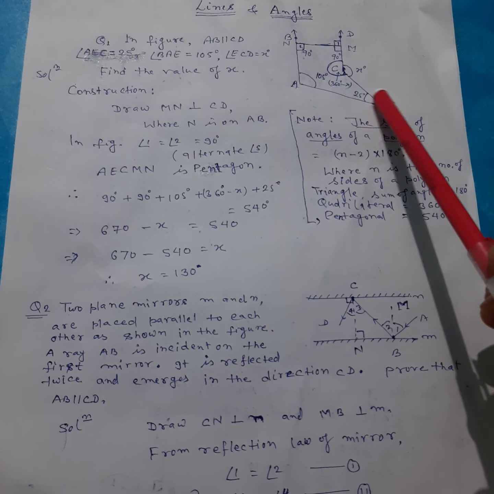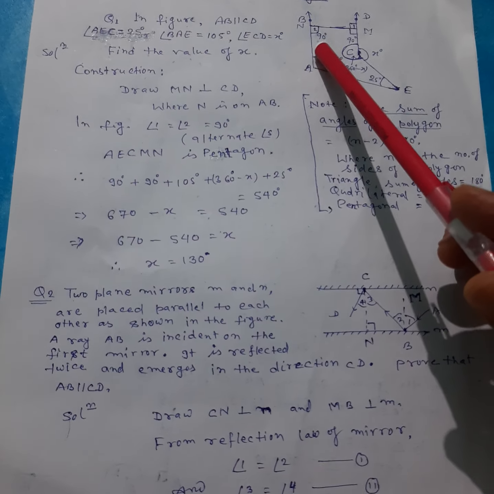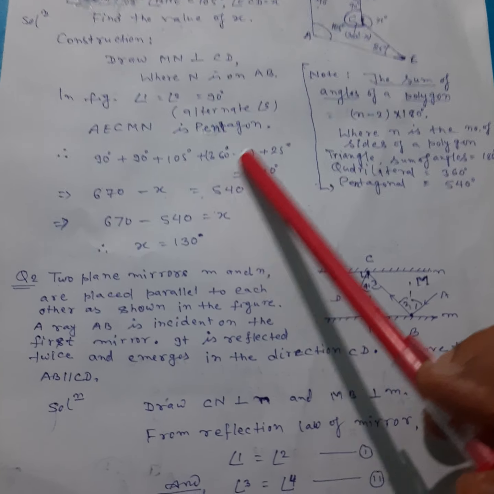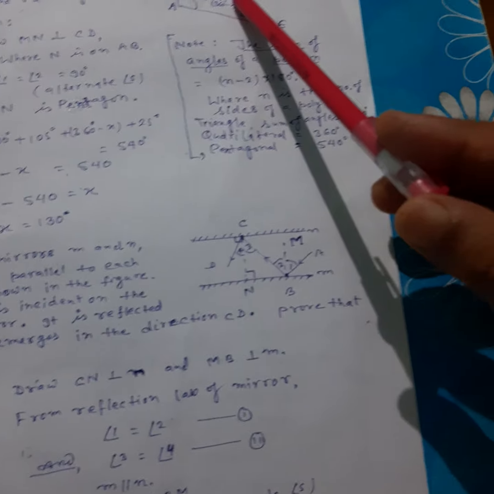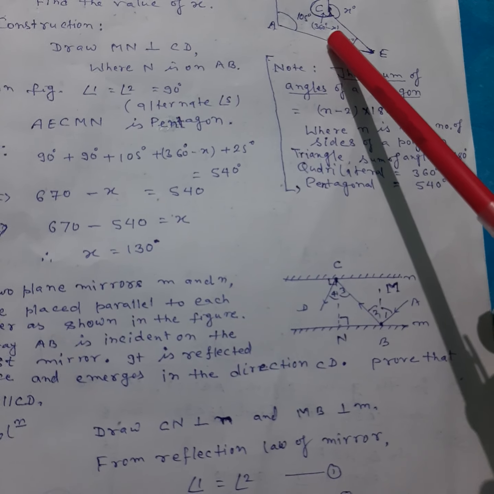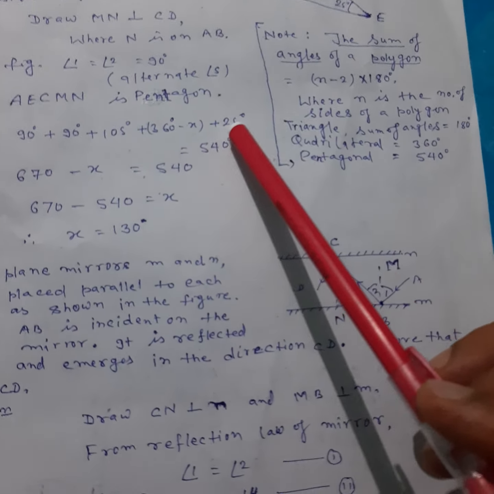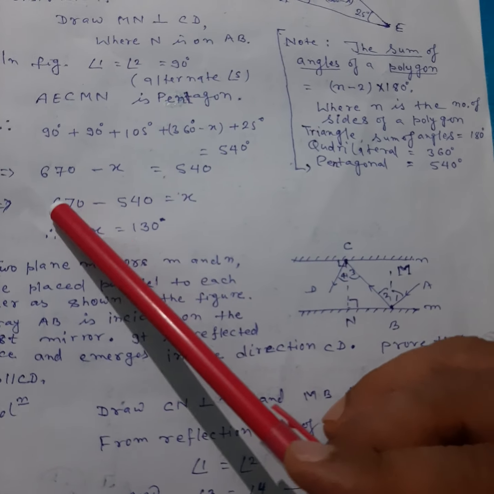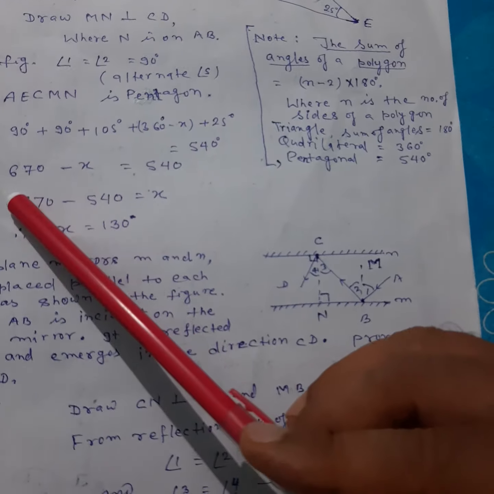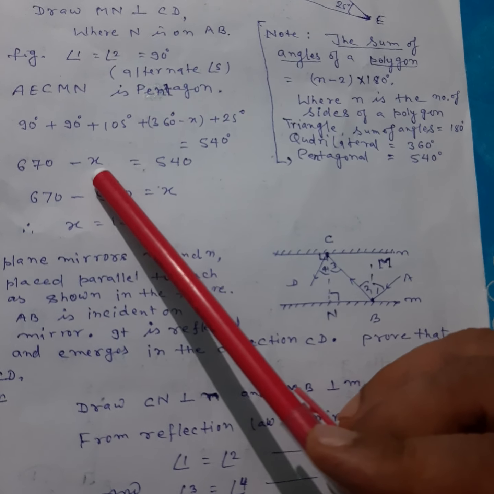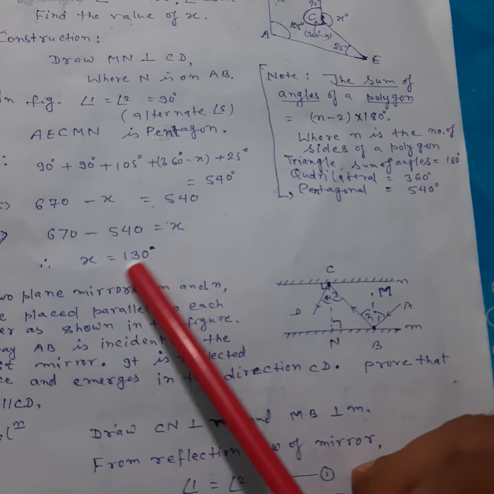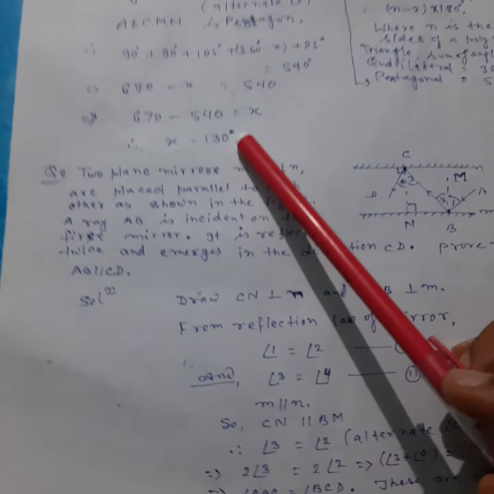The sum of all 5 angles is 90 degrees plus 90 degrees plus 105 degrees, plus this angle, which is 360 minus x degrees, plus 25 degrees, equals 540 degrees. By adding, we get 670 degrees minus x equals 540, and finally we get x equals 130 degrees.